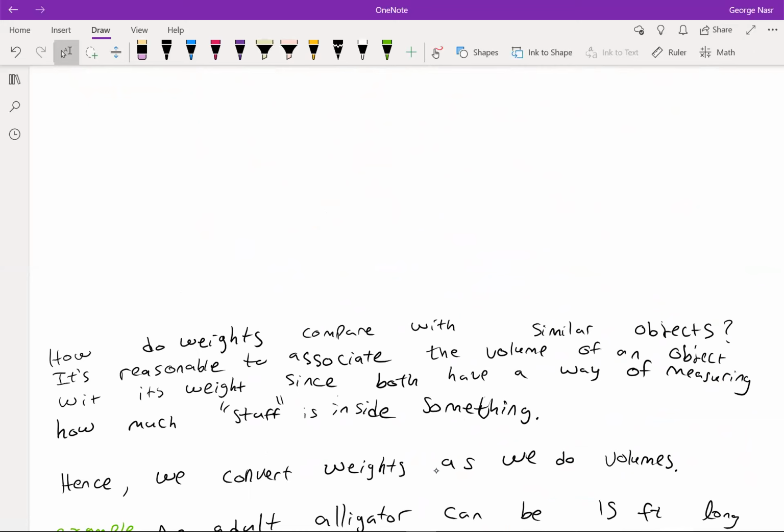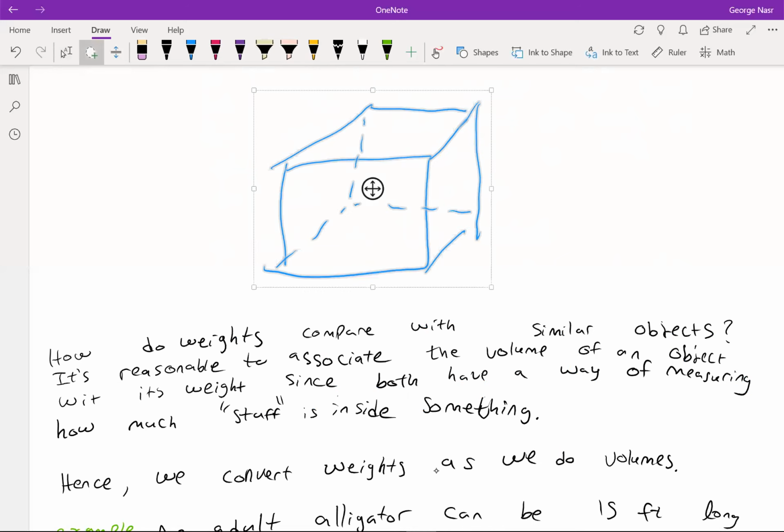Okay, so how do weights compare? It's reasonable to associate the volume of an object with its weight because, if you have a big tank, we actually talked about this before with capacity. If I make the tank even bigger, let's say this tank is full of water, I also expect the weight to get heavier, right?